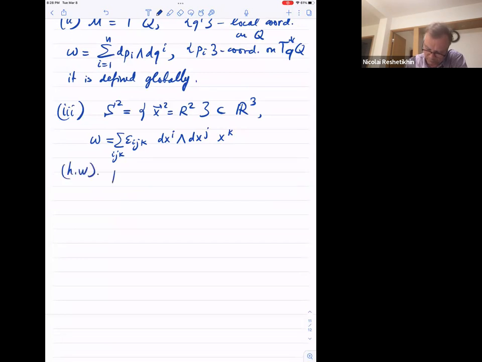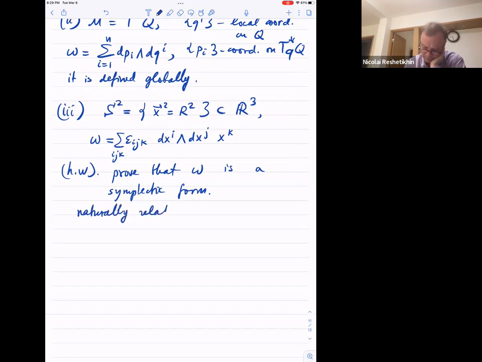Homework: prove that omega is a symplectic form on S^2. This symplectic structure is naturally related to the Lie algebra so(3), but we will discuss it later.